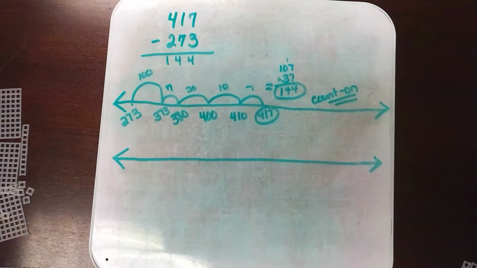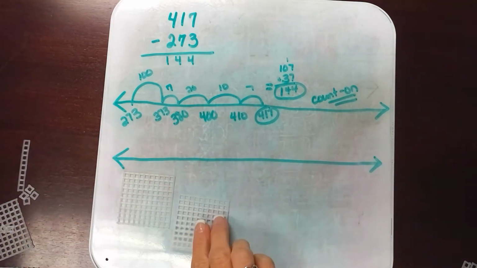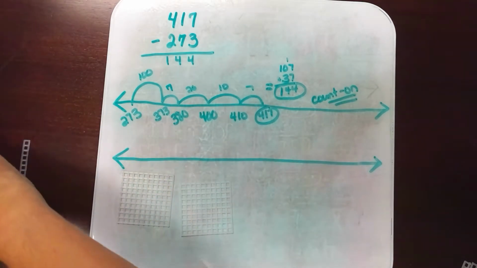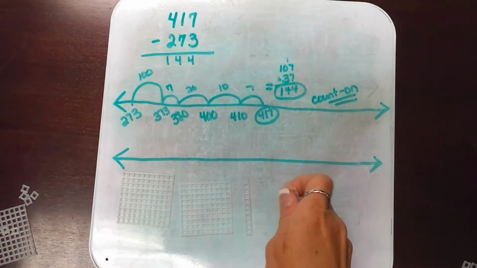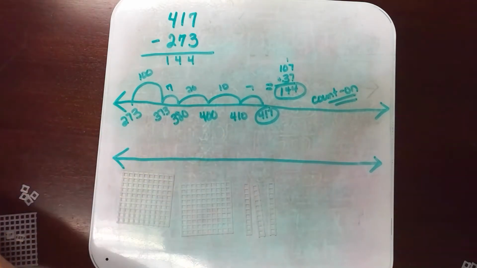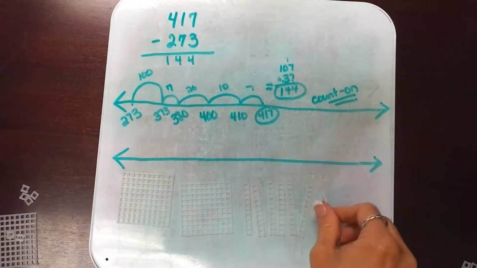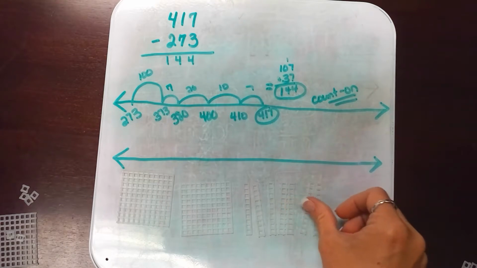And on this one, I sometimes think it's easier because I can kind of teach it with base 10 right away if I need to, because I know I need to take away 273. So if I'm starting out, I can go ahead and have those pieces here.